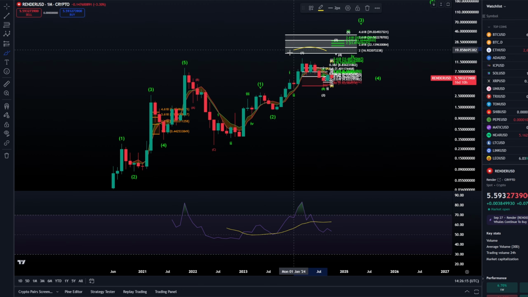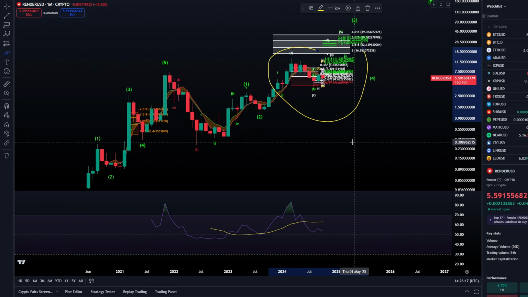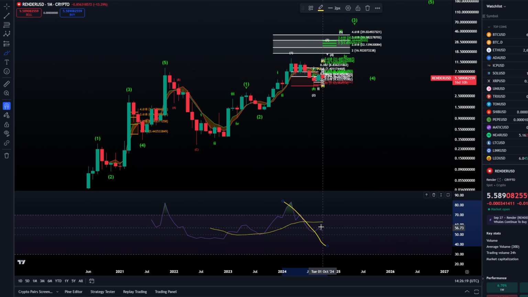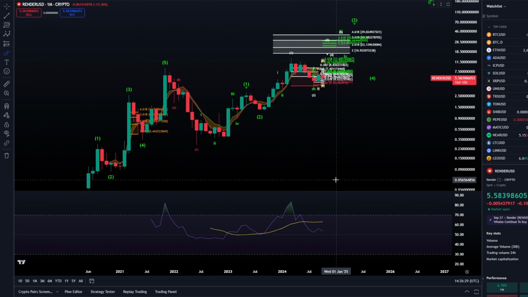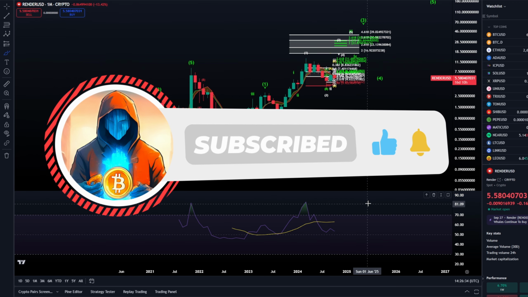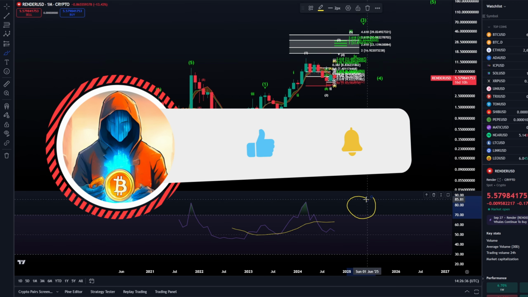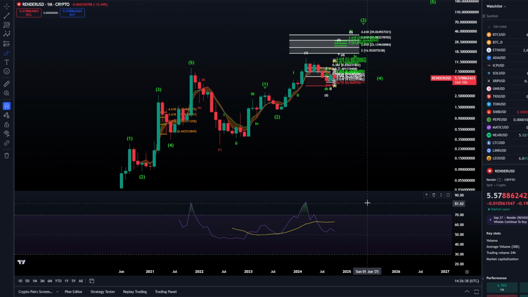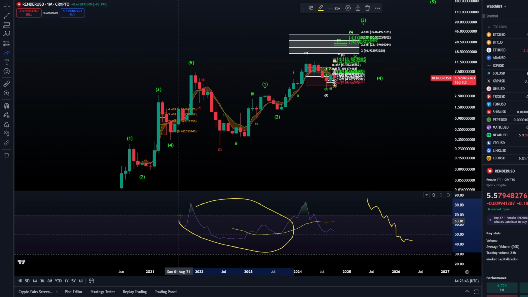And even though that's not that much, when you look at it from a monthly perspective, when you look at it from an RSI perspective, the RSI actually cooled off quite a lot, so if we want to go up right now, we actually can, because we are not overbought on the RSI, which is a good sign. So if we do go up another 10x from where we're at right now, that would most likely put us at the overbought territory again, and once we get there again, then that's when the bear market will start and it will cool off just like it did in the previous cycle right here.